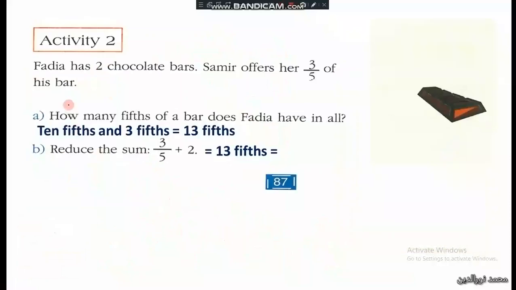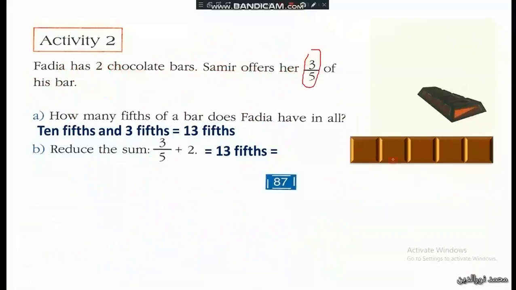So let's see the other activity. Fadia has 2 chocolate bars. Samir offers her 3 over 5 of his bar. Here I have Fadia, this is the first bar, and it is out of 5 parts. So it's 1 2 3 4 5 parts.